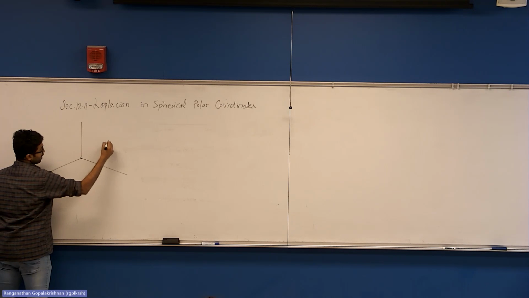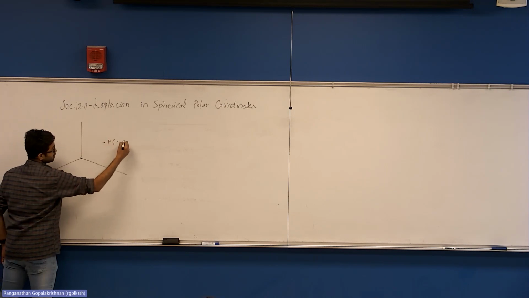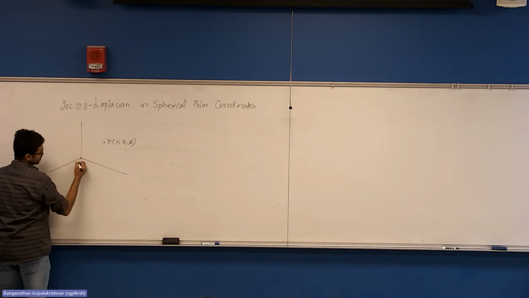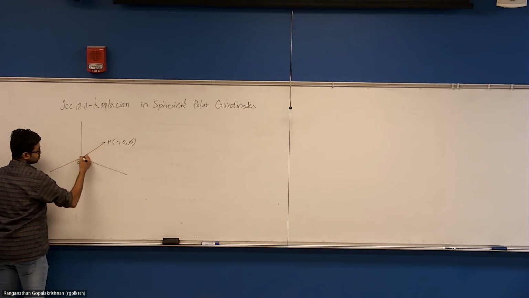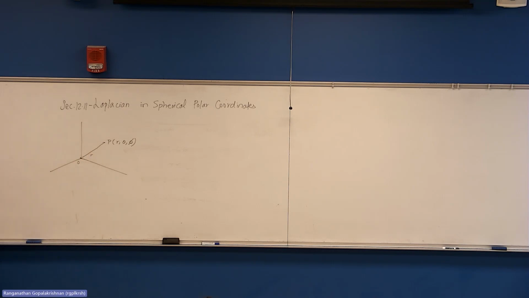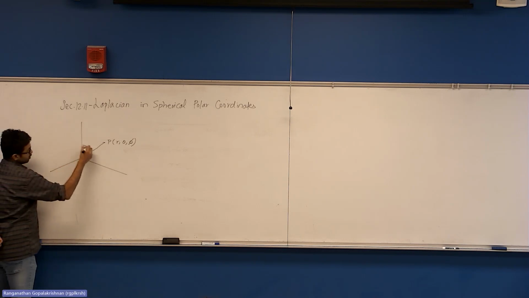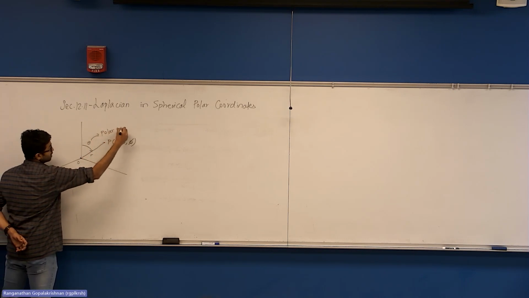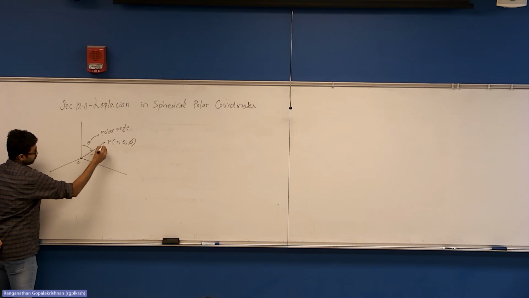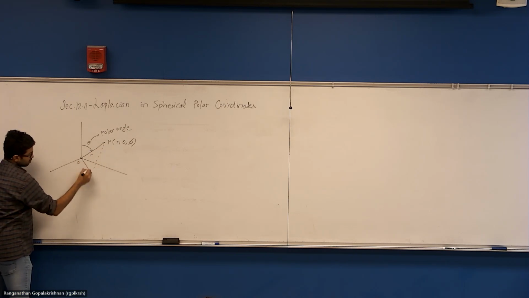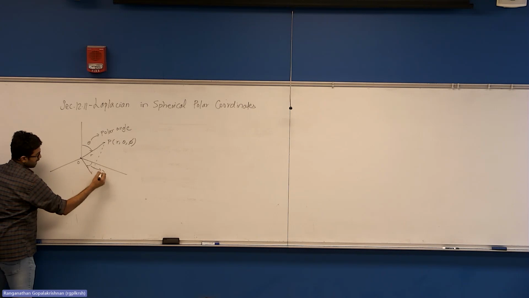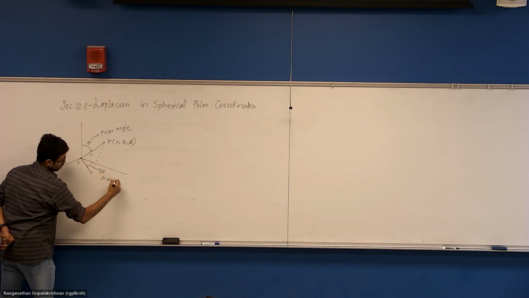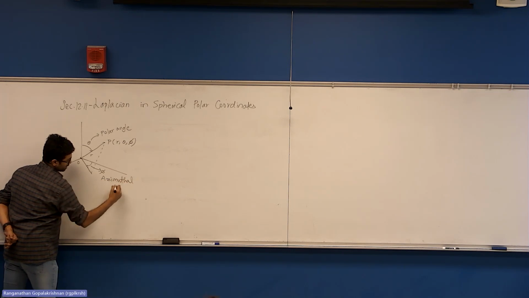If you have any given point P, it is represented with three coordinates, r, theta, and phi, where r is the distance from the origin. Theta is usually denoted as the polar angle. And phi is the angle in the horizontal plane, referred to as the azimuthal angle.